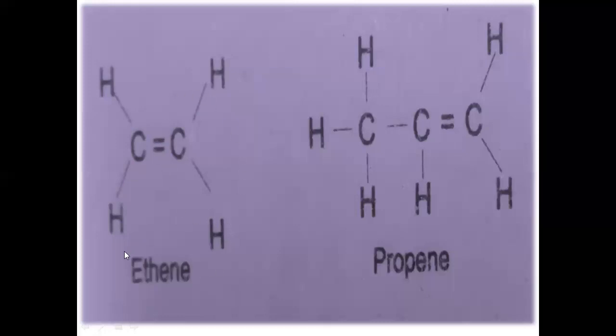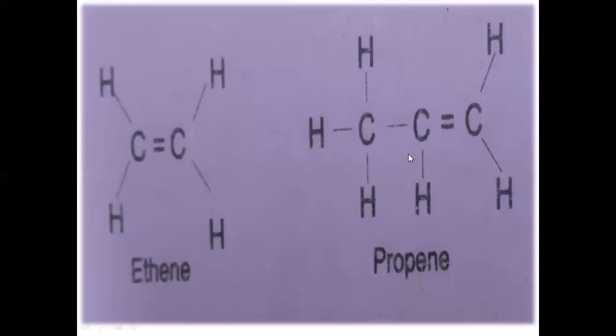As an example of alkene, the 2-carbon alkene is ethene. This is the formula of ethene, which contains 2 carbon atoms, and at least 1 double bond is compulsory for alkenes. Now the second example of alkene is propene.